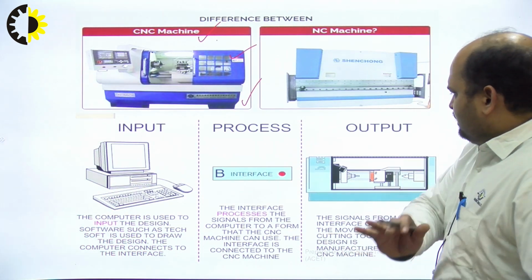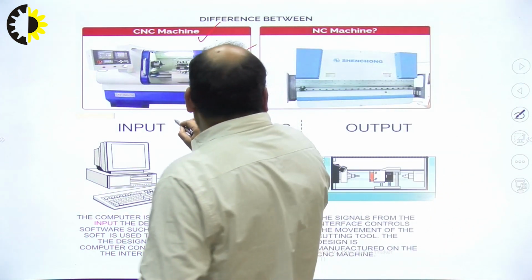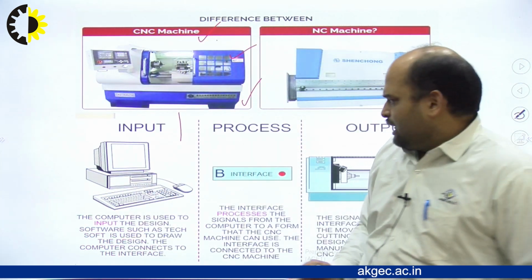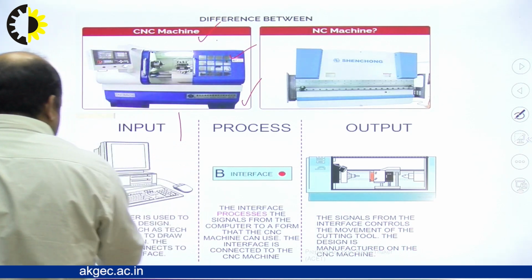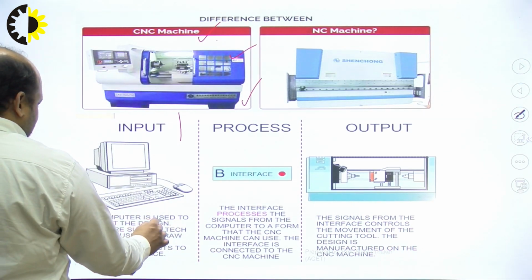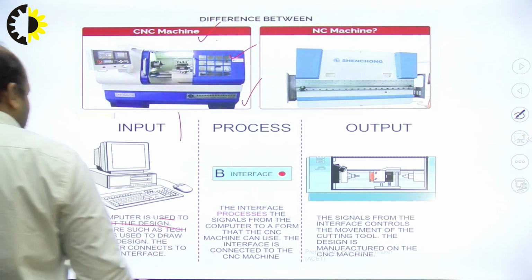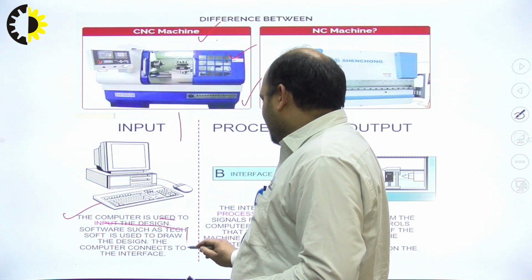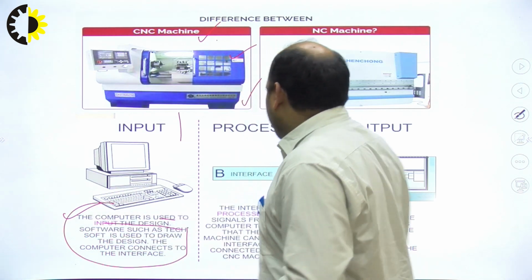Talking about the input system, in a CNC machine system the code can be generated with the help of a computer. Here the computer is used to input the design, and software is used to draw the design on the computer.